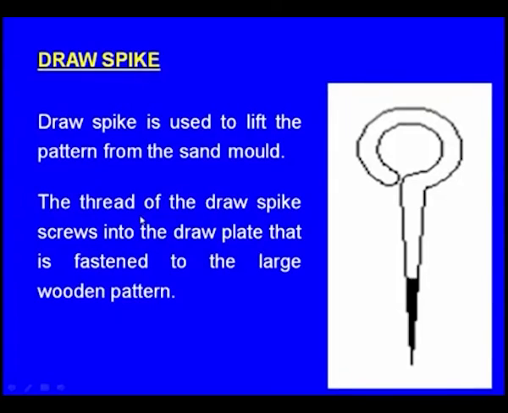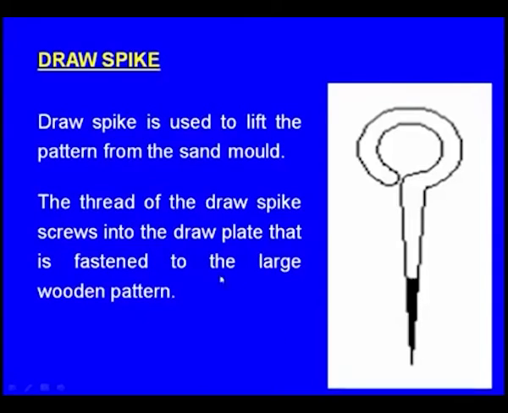Next one, the draw spike. It is used to lift the pattern from the sand mold. You can see this is the draw spike and it has a thread here and a pin point here. After the compaction is over, the pattern has to be removed from the mold. Just by holding it we can't remove it, so we use the draw spike.